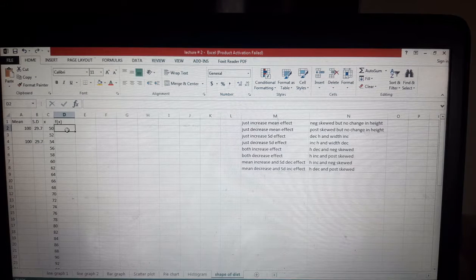f(x) is the probability density function of the normal distribution, and for f(x) we use the command normdist.